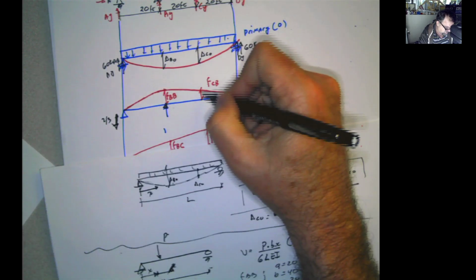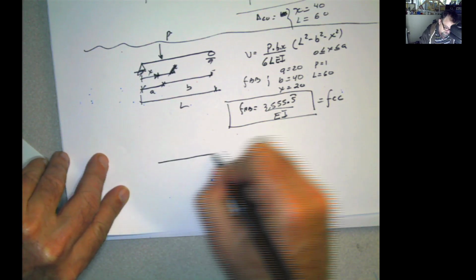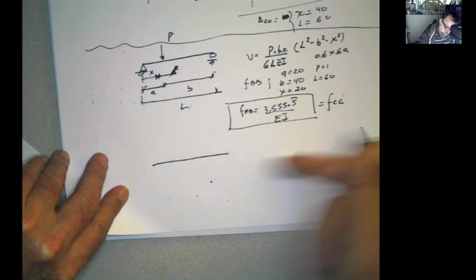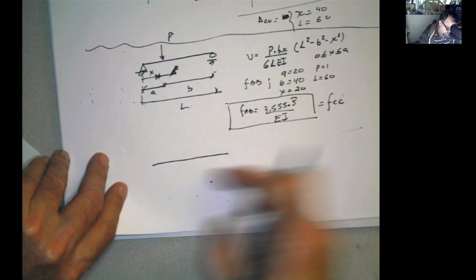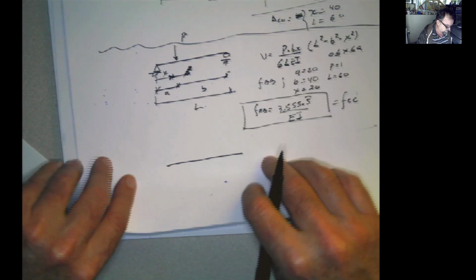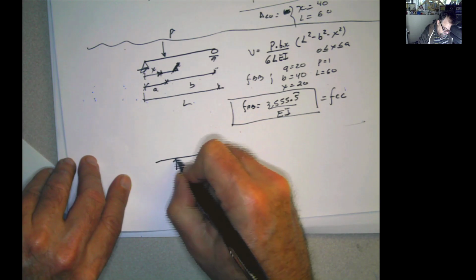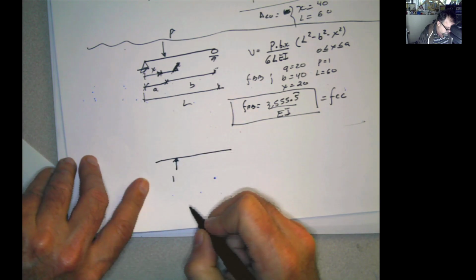This one here, FCB. Well, for FCB, I'm just going to use the same formula, but I'm going to measure it from this end here. So I'm going to say my A is here. This is my force of 1, right?